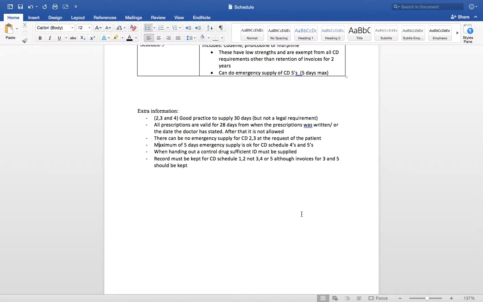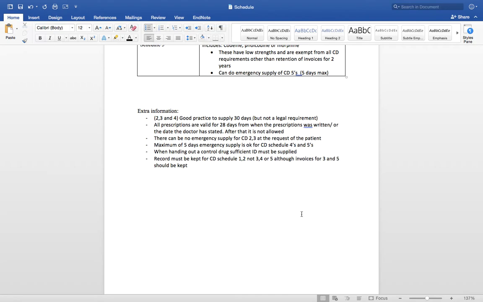Extra information is it's always good practice to supply 30 days of controlled drugs, 2s, 3s and 4s, but it's not a legal requirement, and 5s as well. All prescriptions are valid for 28 days from when the prescription was written up by the prescriber.